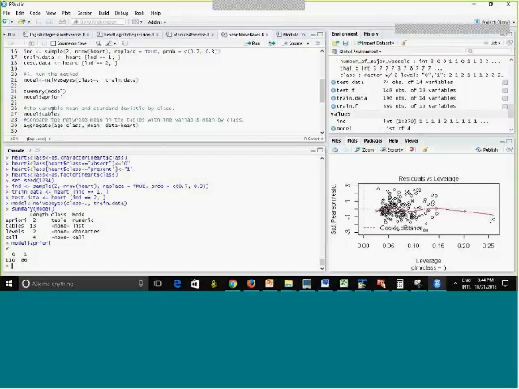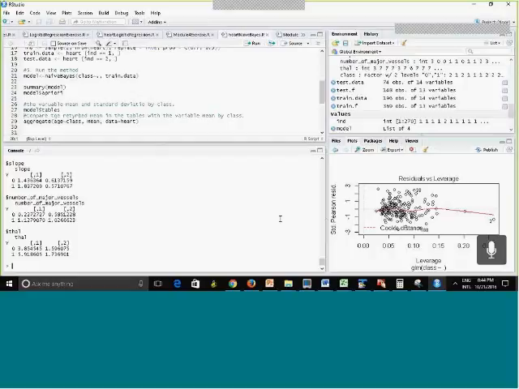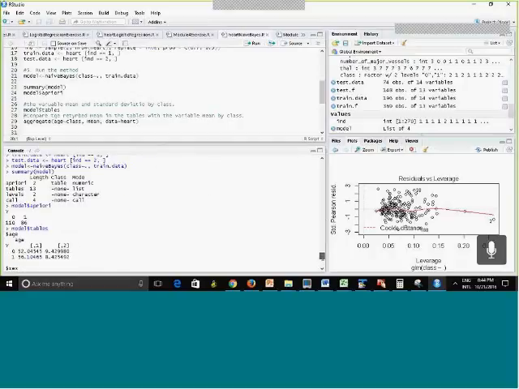Now this is the tables, and the tables basically show me, for numeric variables like age, the mean and the standard deviation for each value of the dependent variable.